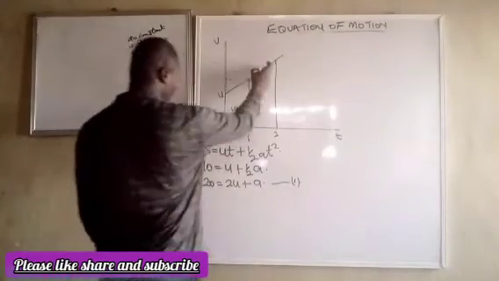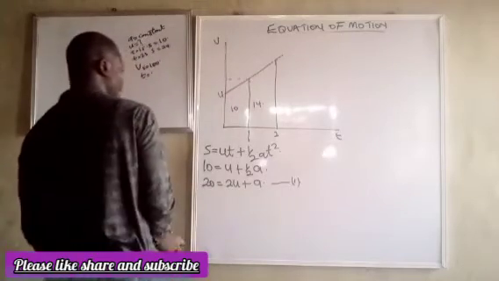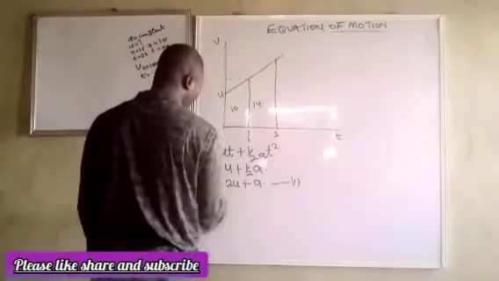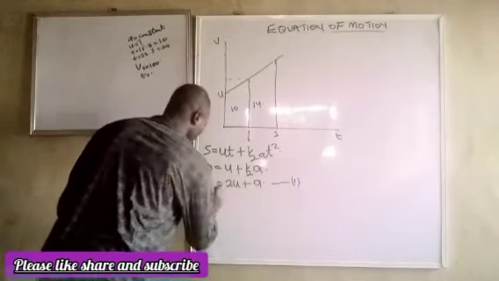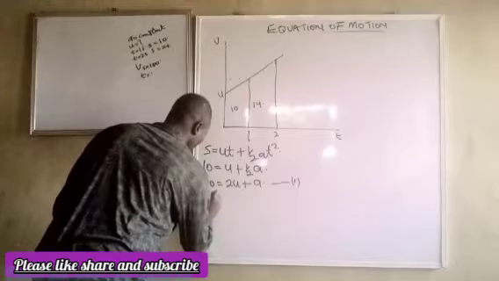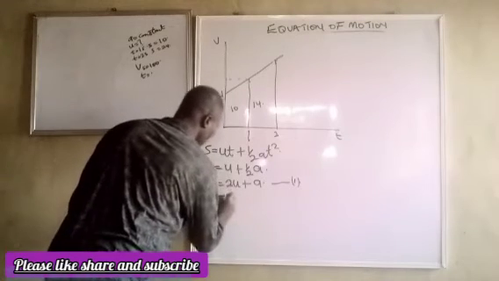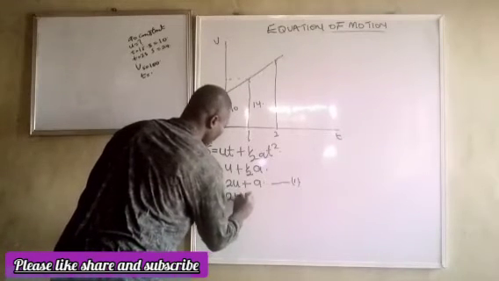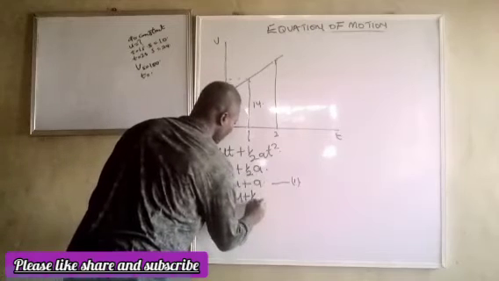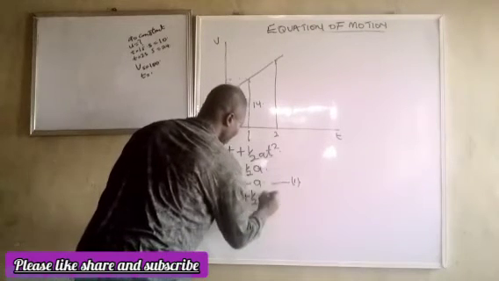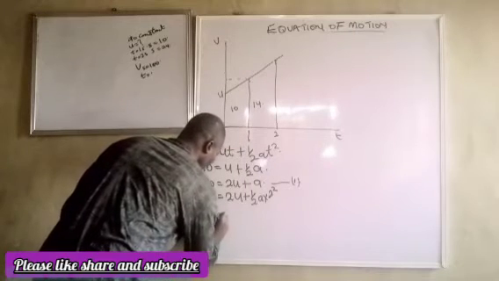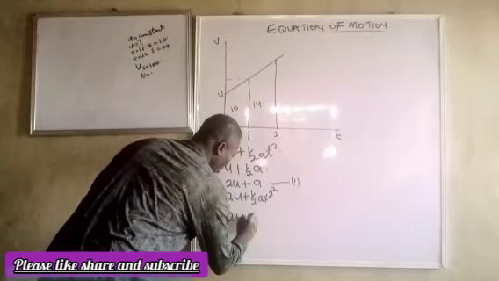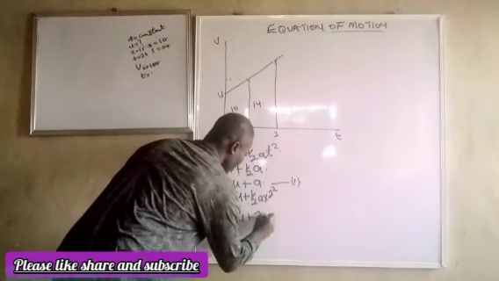From this also, we can use this graph to attest to this fact. When t equals 2, s is 24, which is 2u plus half a times 2 squared. So we have 24 equals 2u plus 2a.